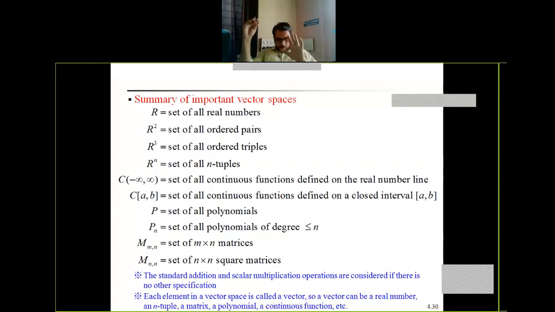In an example, how to perform addition and how to perform scalar multiplication might be given to you. So using those rules of addition and multiplication, which are provided by the book, or by the question paper setter or examiner, those rules we have to follow.